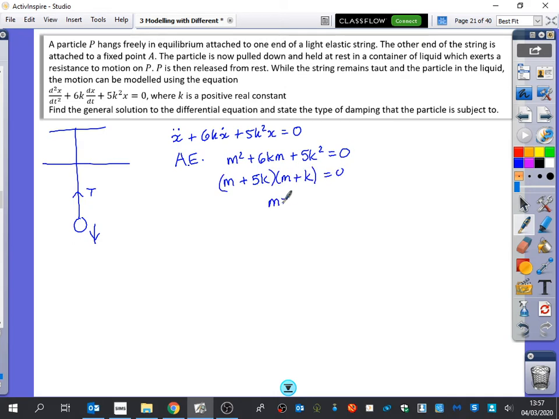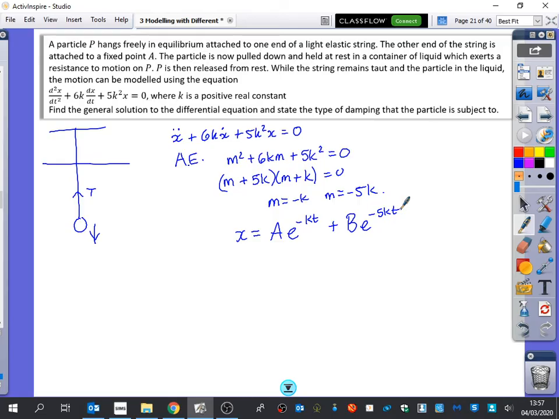So either m is equal to minus k or m is equal to minus 5k, which means that x is equal to a e to the minus kt plus b e to the minus 5kt. Okay? And that's the general solution to the differential equation.